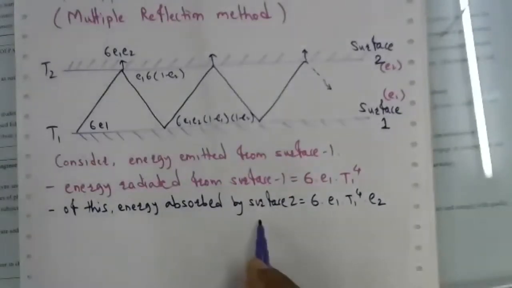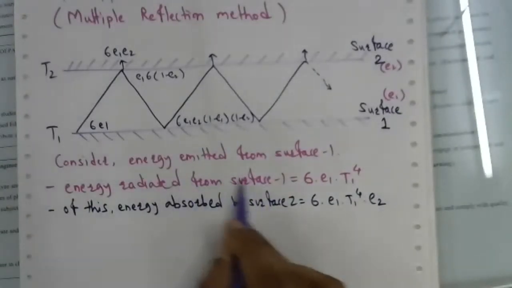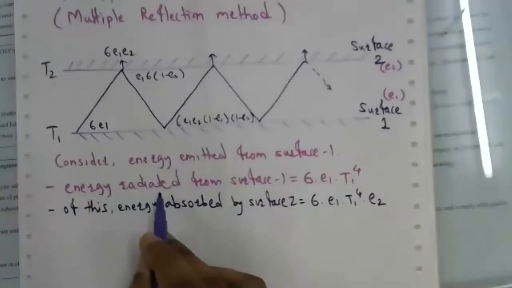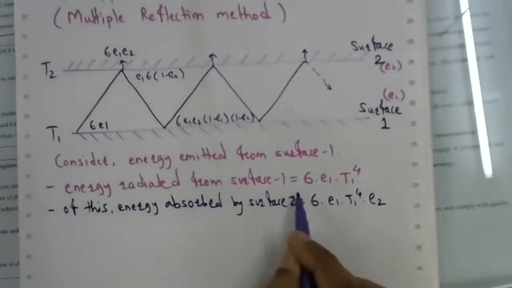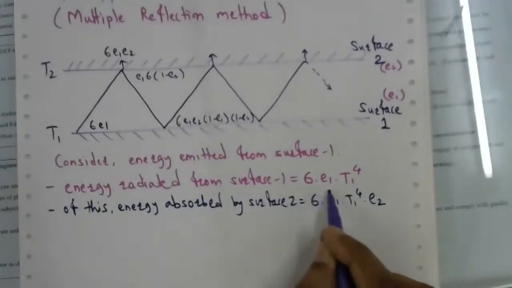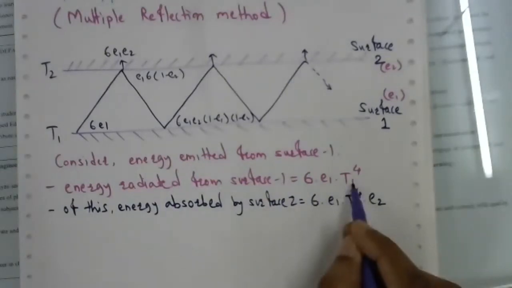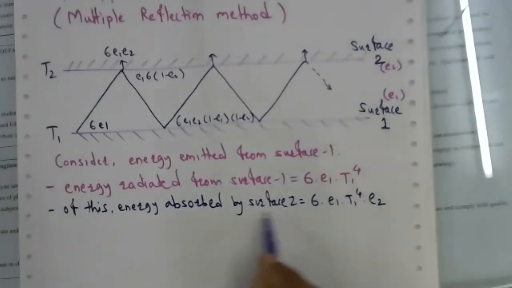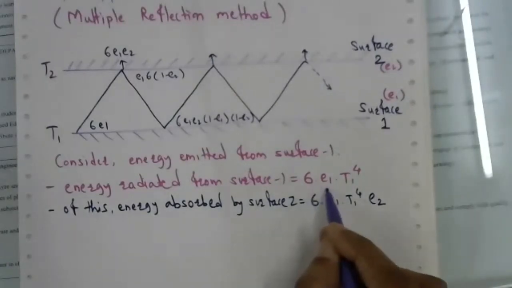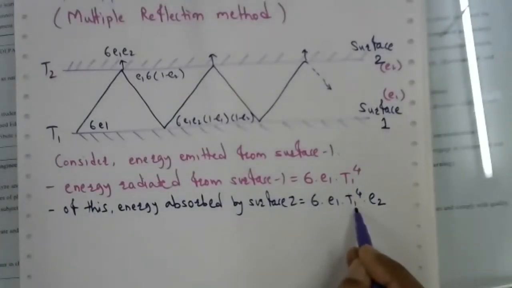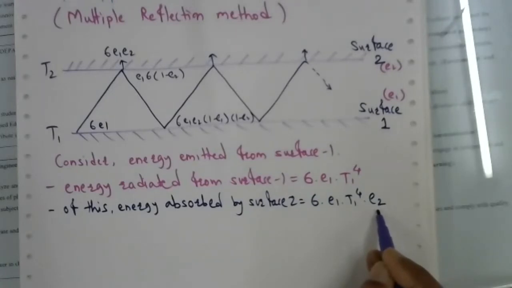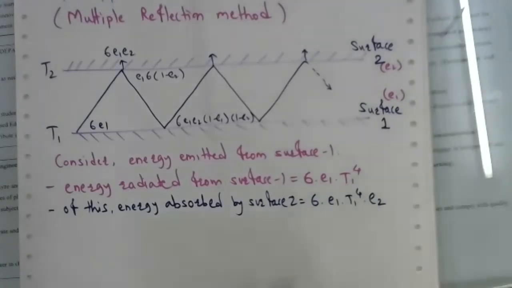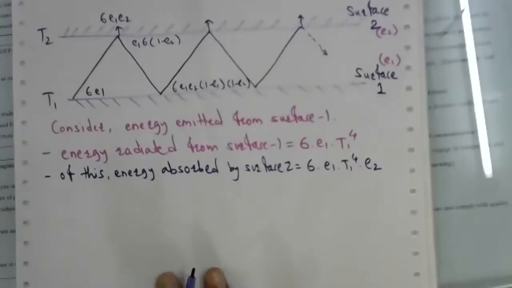So this energy is absorbed from the part which is radiated from surface 1. The radiated part is sigma E1 T1 raised to 4, and from that part this energy is absorbed by surface 2. That is why sigma E1 T1 raised to 4 is the same, into E2, the emissivity of surface 2.